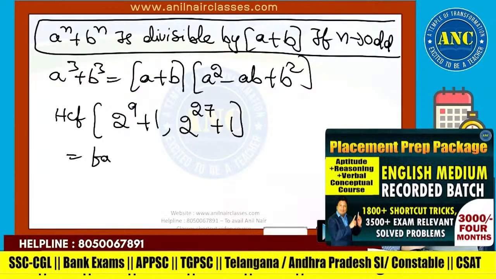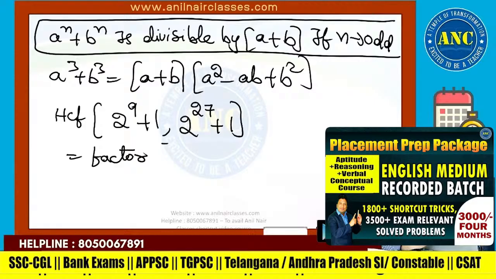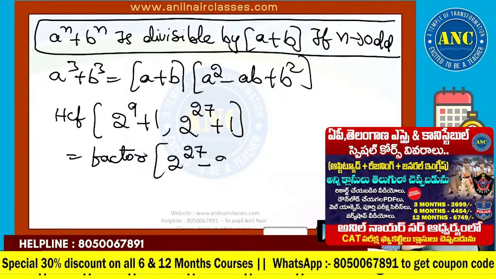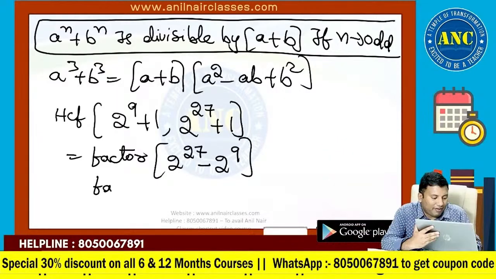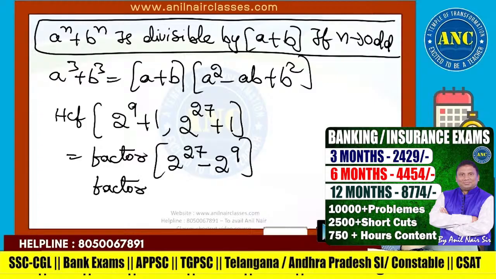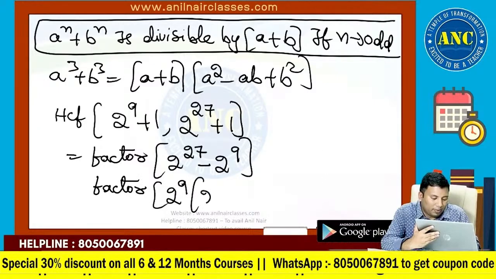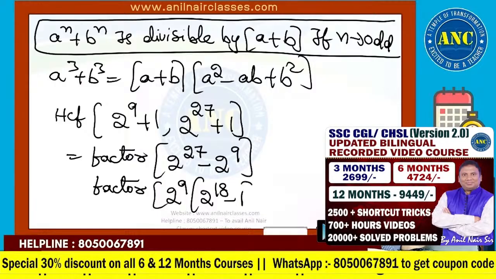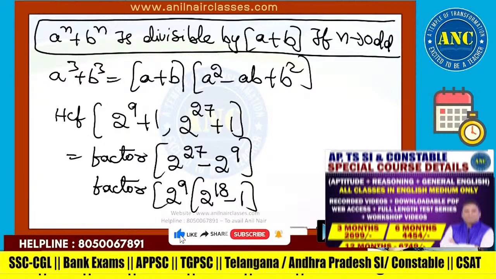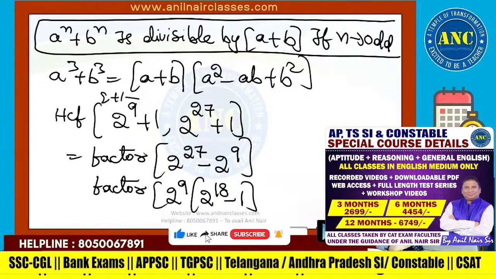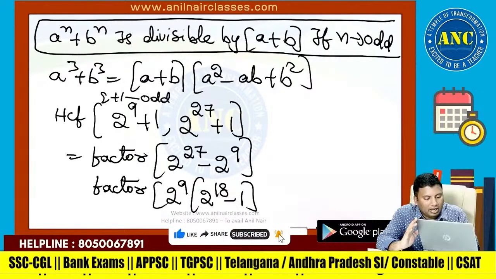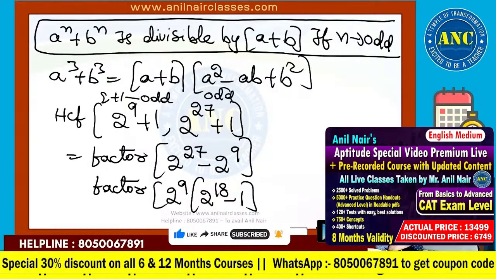This is a factor of their difference, 2 power 27 minus 2 power 9. This is a factor of 2 power 9 into 2 power 18 minus 1. This is even, and even plus 1 is an odd number.